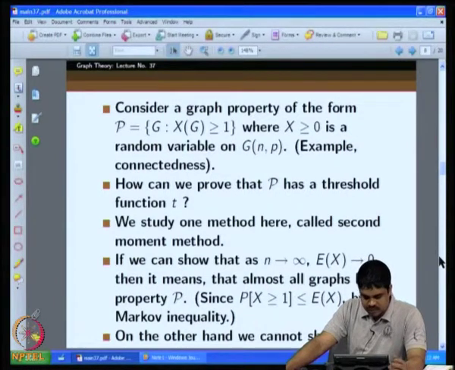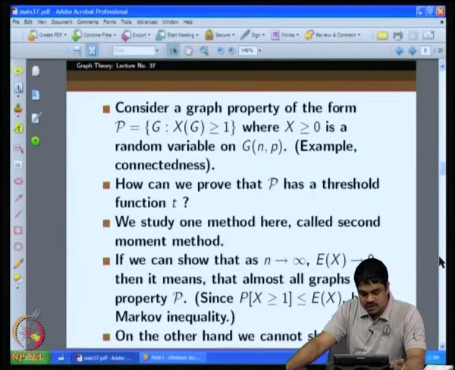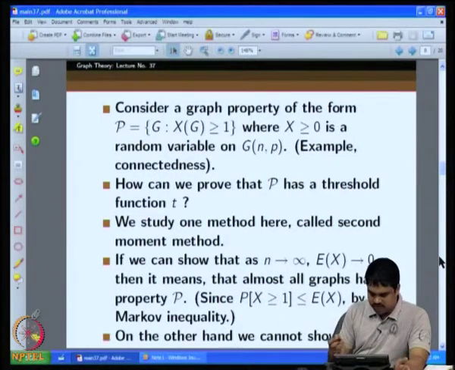Because if it is 1 or more, then the property is existing. If it is less than 1, that means equal to 0, then the property is not existing. So, this way many properties can be captured. So, we will look at this kind of properties now. We told one example, connectedness; similarly other examples can be cooked up.